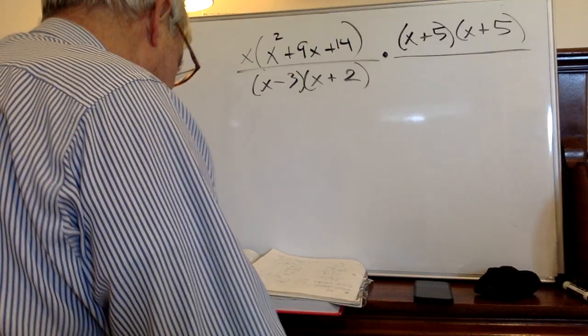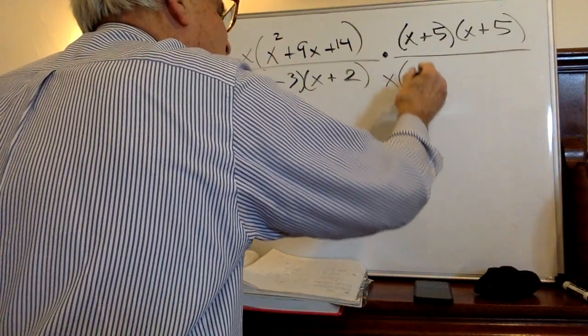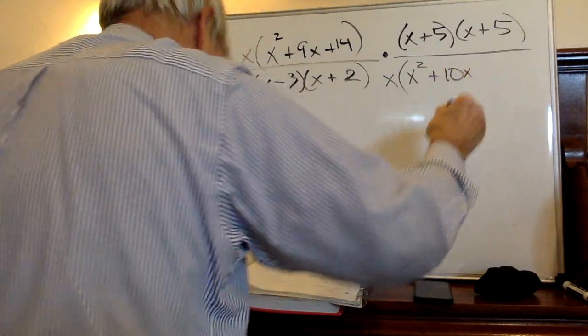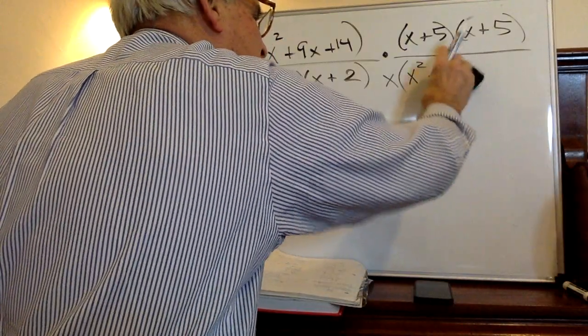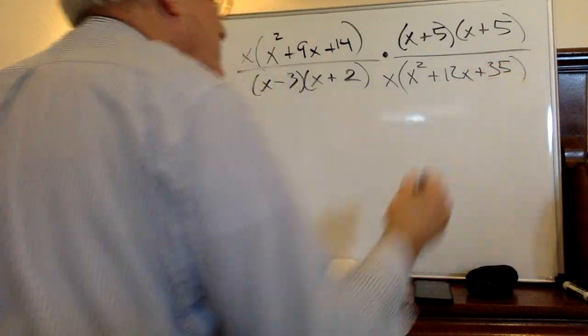The denominator becomes, and I'm going to bring out the common factor x, x squared plus 10x plus 12x plus 35.